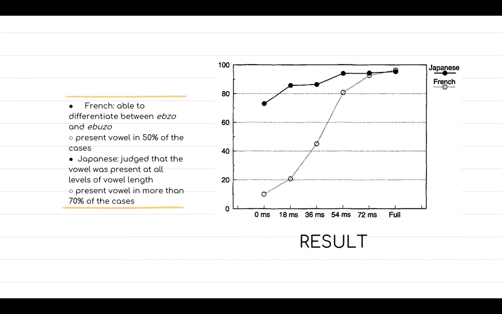So this is the result. We can tell from the graph that the French are able to differentiate between abso and abuso more than the Japanese group. French people reported the vowel present in 50% of the cases, while the Japanese judged that the vowel was present at all levels of vowel length, which was a wrong observation, and it also shows that they reported the vowel in more than 70% of the cases.